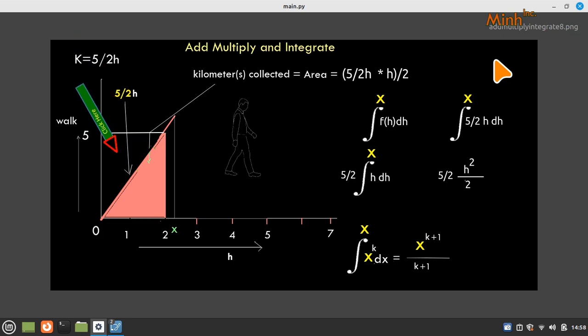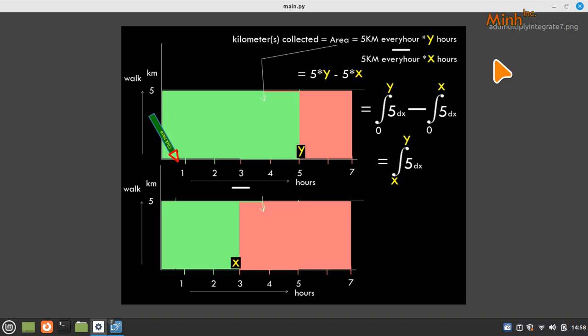At 1 hour his speed is 5 by 2, that is 2.5, and at 2 hours his speed is 5. So he is accelerating: he started from rest and is increasing his walking speed. So it's not constant.